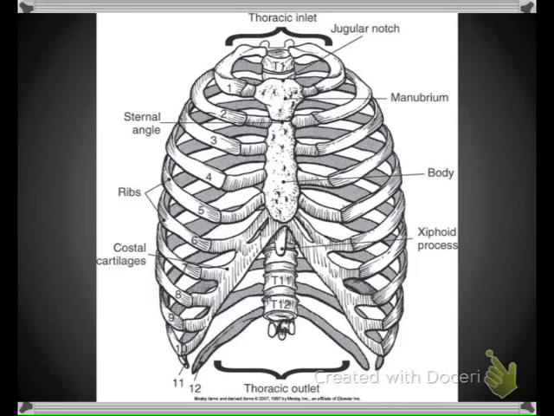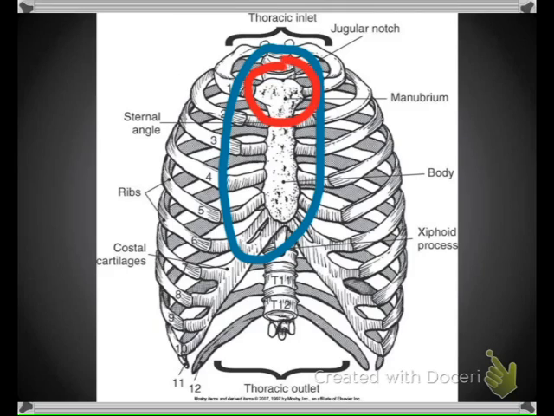So I think on this image we can really get a better idea of where things are. It has some things that we haven't talked about, and we will kind of refer back to this image when we return to that. But notice that we do have the sternum here. And so looking at it from the coronal perspective, we have the large manubrium.